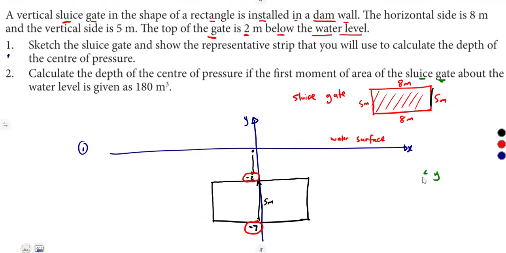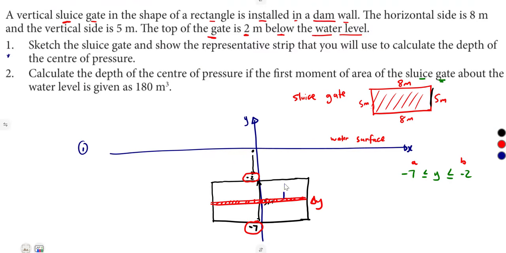Our Y is greater than or equal to -7, less than or equal to what? -2. Those are the limits that you're going to have, which is A to B according to our introduction. All right, so the representative strip, we said always our representative strip is what? Horizontal, which is the strip for Y.